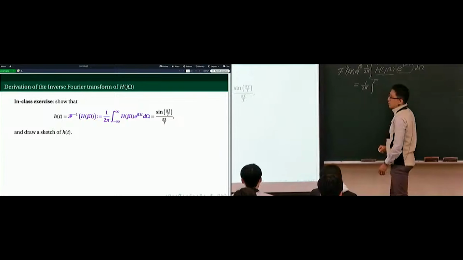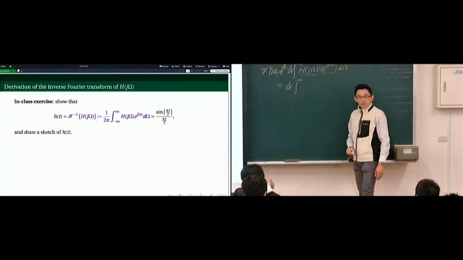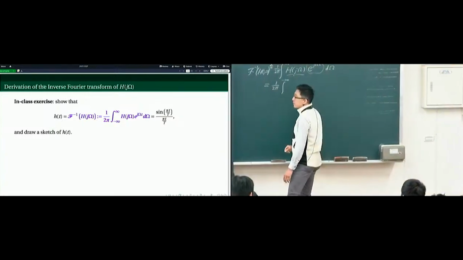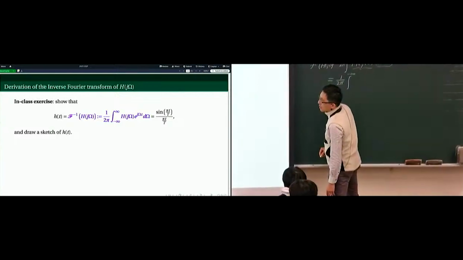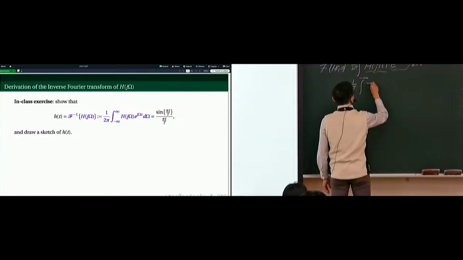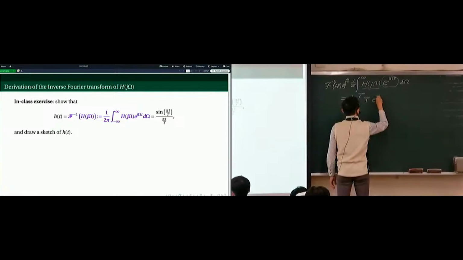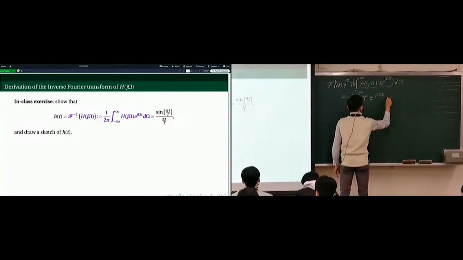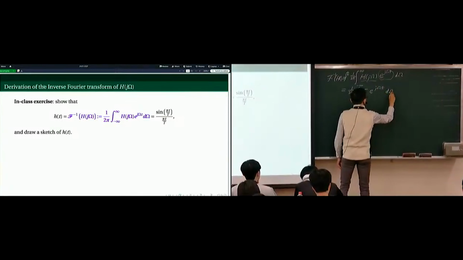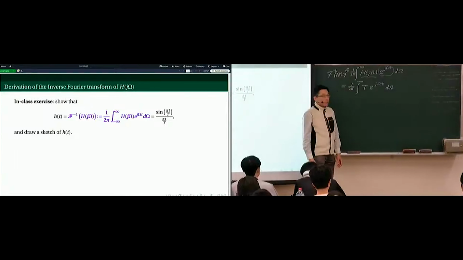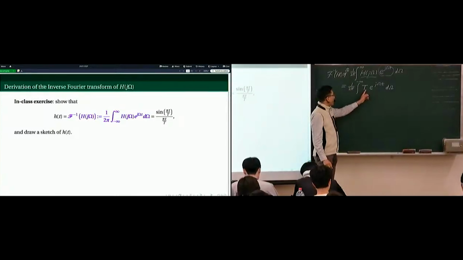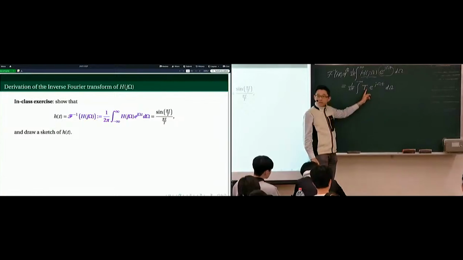So first of all, what is H? H is constant, so the constant is T, times e^{j omega t}, and the integration is with respect to big omega. But H is T only in the passband, right?